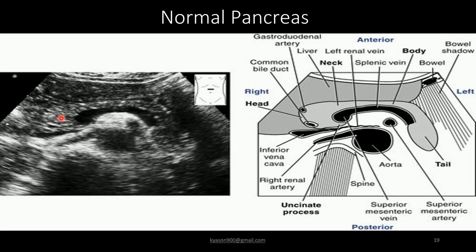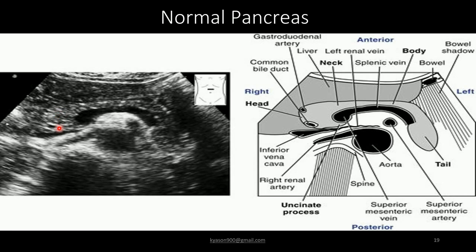It can be hard to appreciate these parts fully as you age, because fatty tissue infiltrates into the pancreas. It has no capsule, so this tissue can easily enter it, resulting in this unique appearance.